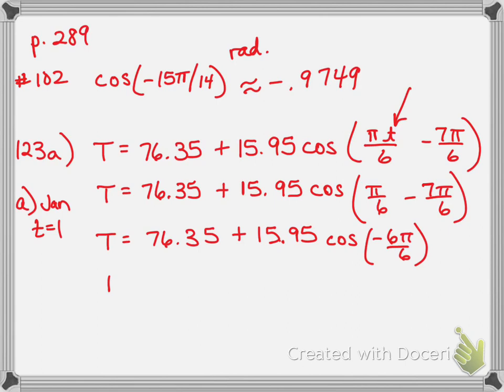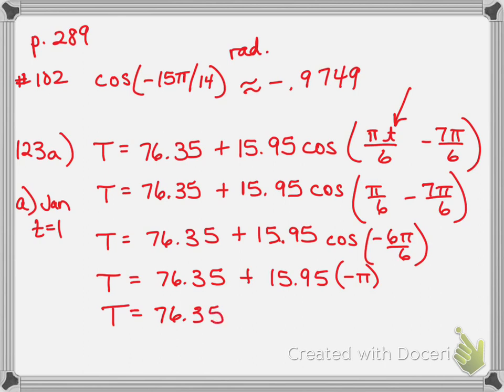I'm going to get a little fancy here for a second. Cosine of negative 6 pi over 6 is cosine of negative pi, because 6 over 6 is 1.